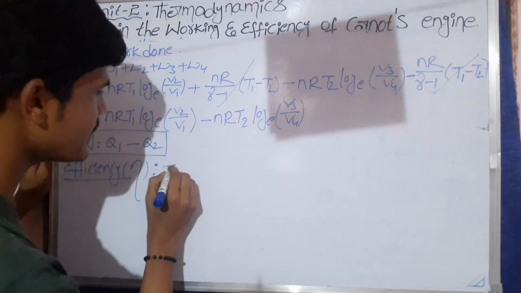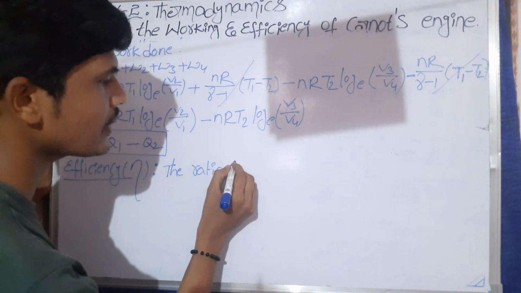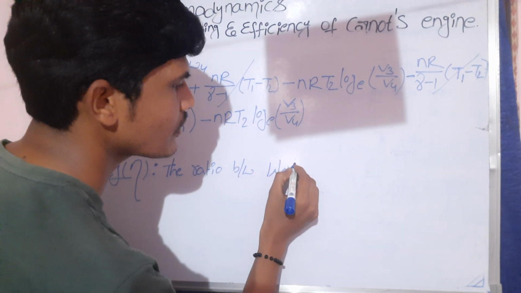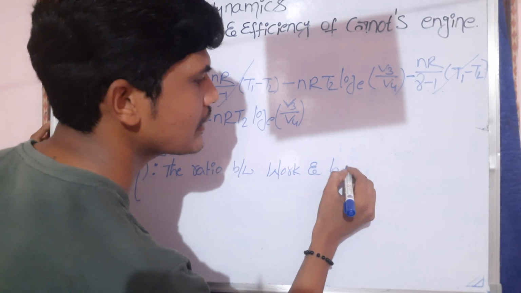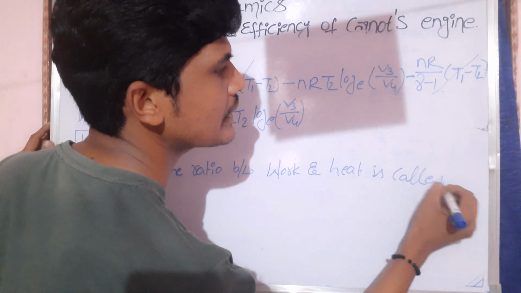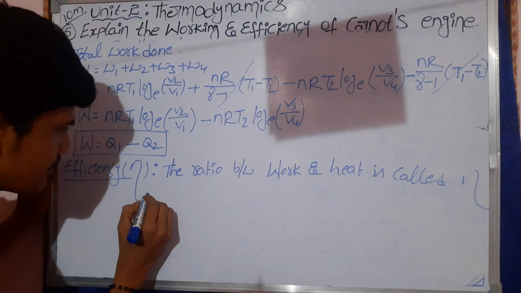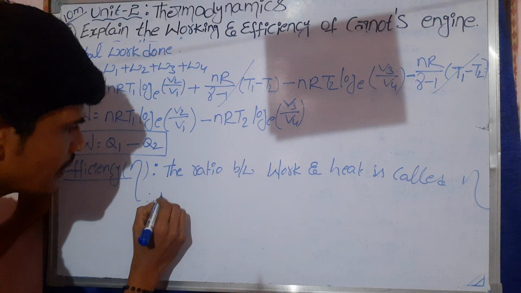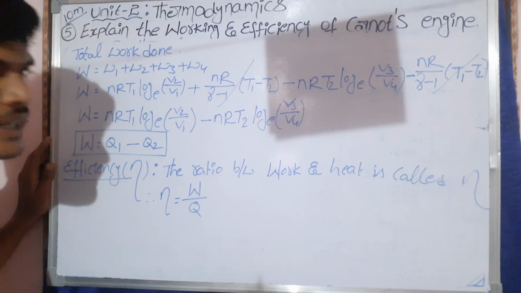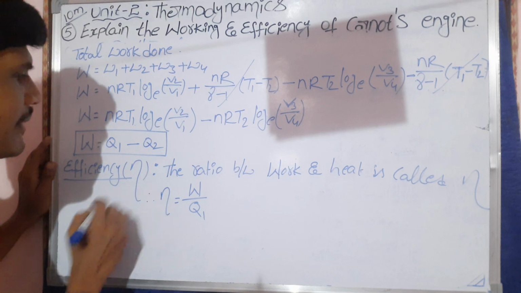The ratio between work and heat is called efficiency. So eta equals W by Q, where Q means heat, which is Q1. So this is the efficiency.